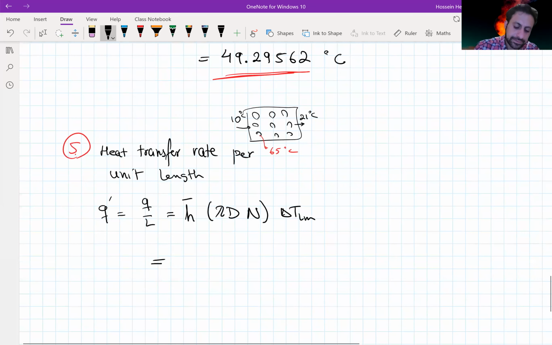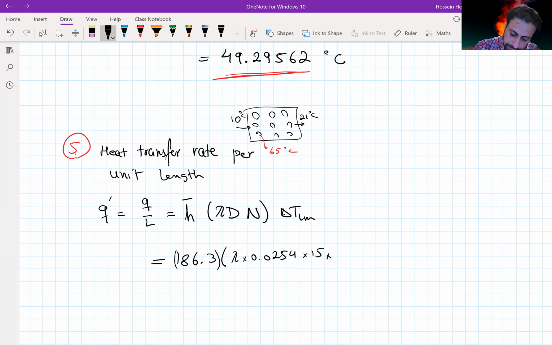So we have 186.3 times pi times 0.0254 times number of tubes 15 times 5, times the temperature difference 49.29562.